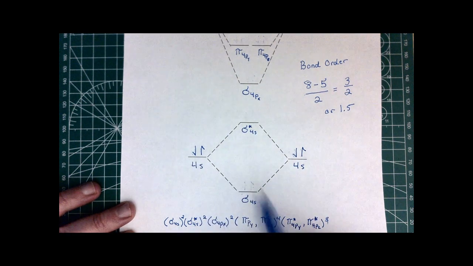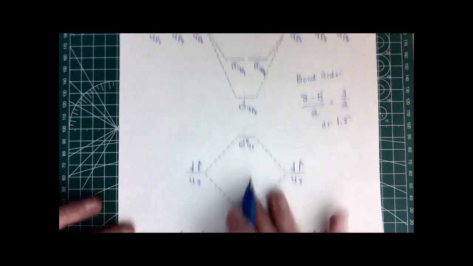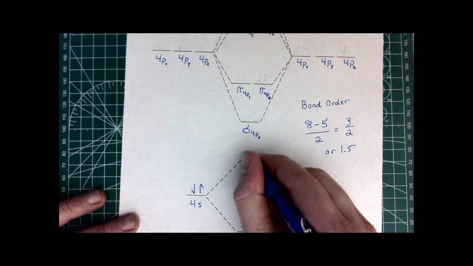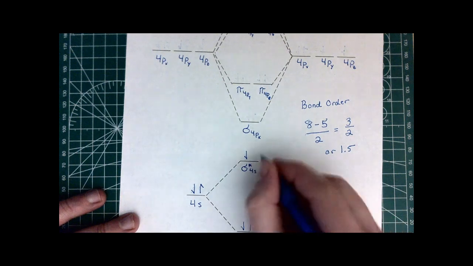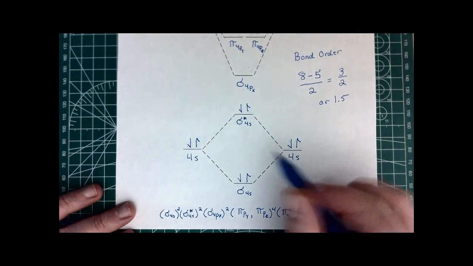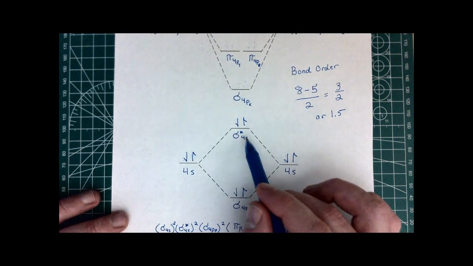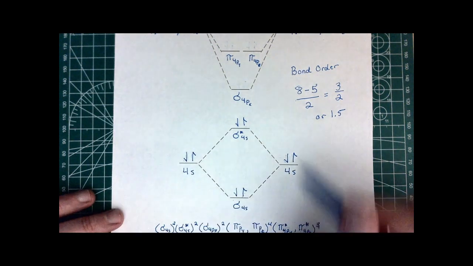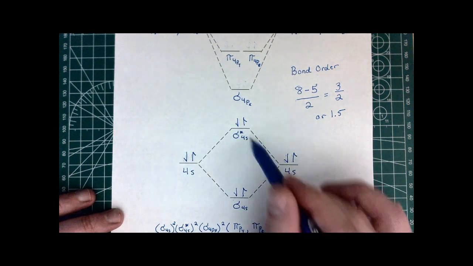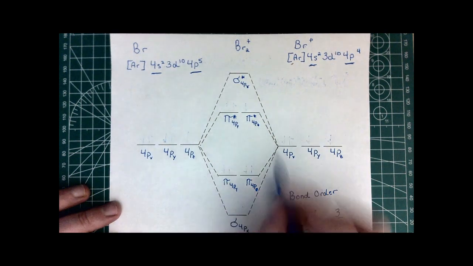I can put one here, one from there here, this other one up here, and another one up here. I have all 4 of them filled in. Now we have a completely filled bonding orbital and a completely filled antibonding orbital. So basically this whole block is not contributing to the bonding because the antibonding orbital is canceling out the bonding orbital. All our bonding is going to be happening up here.